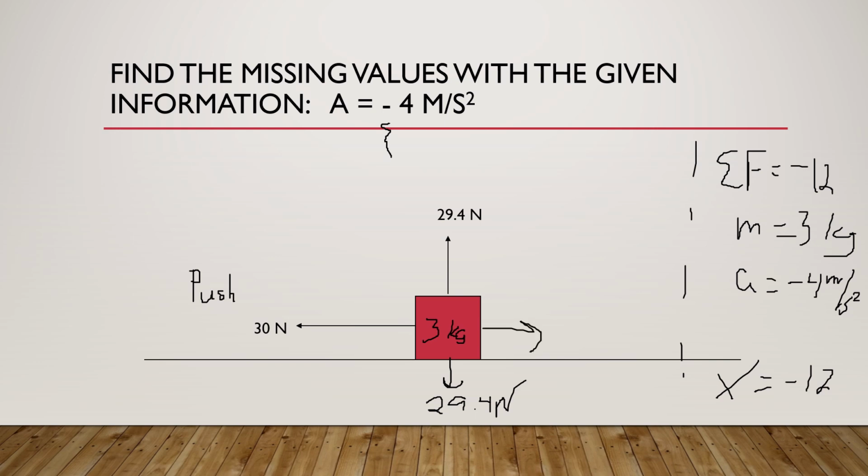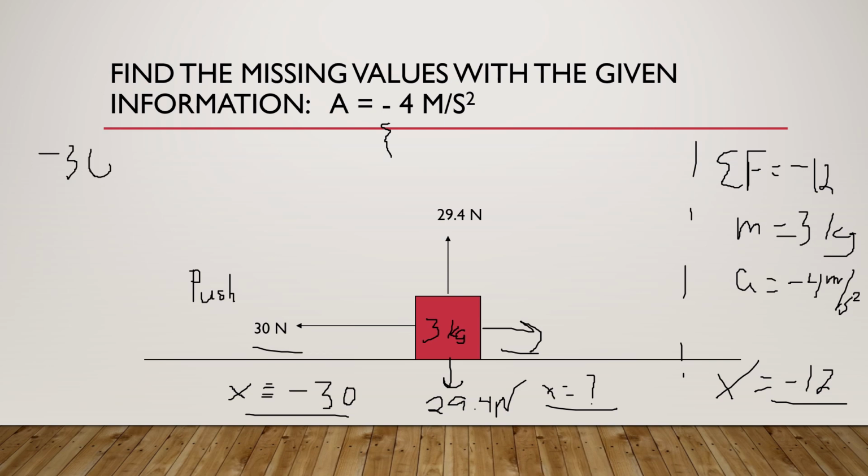So we know that this number is going to be smaller than this number. I didn't know that? Well, let's think about it. The friction's always got to be smaller than the push, otherwise it's not moving. So negative 30, x equals, I don't know. Negative 30 plus what equals negative 12? I don't know how to do this. Let's find out.